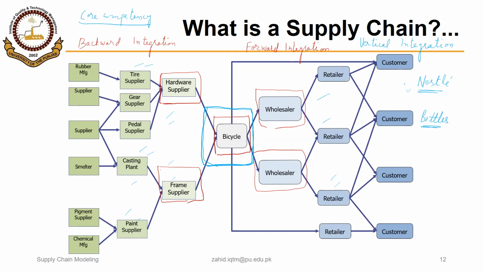Bottle manufacturing is not the core competency of Nestle. People buy the water by Nestle not because of, for example, the material or the quality of its bottle, but because of the quality of the water. So that is the core competency that Nestle focuses on, and it outsources, for example, the bottle manufacturing process.